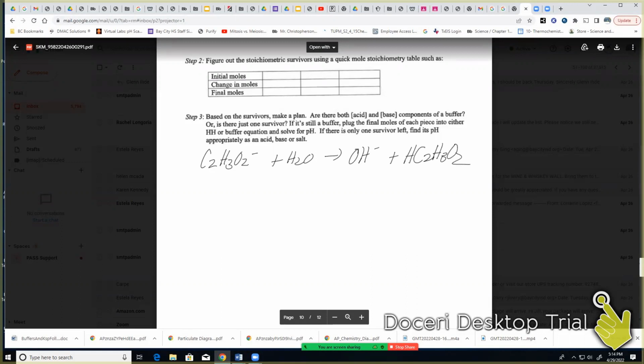This is a strong base that's coming from sodium hydroxide right here, and we said that was left over. We had 0.0375 moles. But once again, I need that in molarity, not just in moles. So I'm going to divide that by the total volume, 200 milliliters of sodium hydroxide plus 125 milliliters of acetic acid, 0.325 liters, and that's going to give me the concentration.